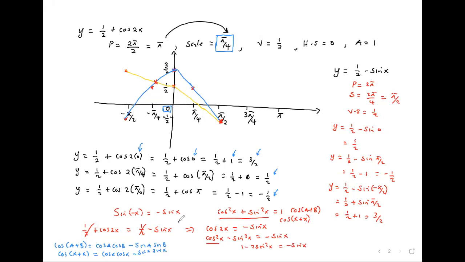But sin x sin x is just sin squared x, and cos x cos x is just cos squared x. So that's why it changed that way.